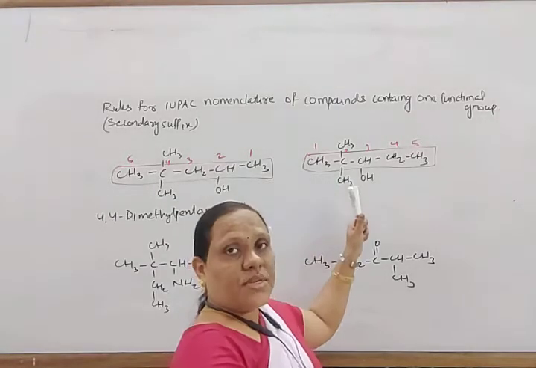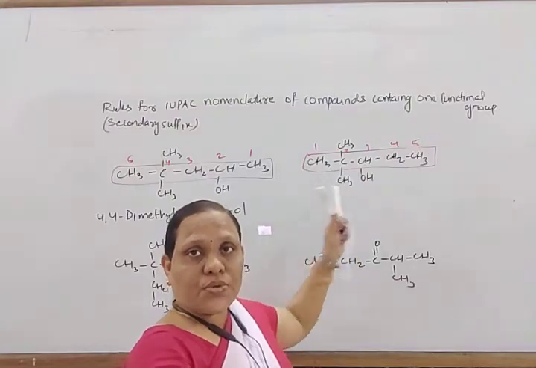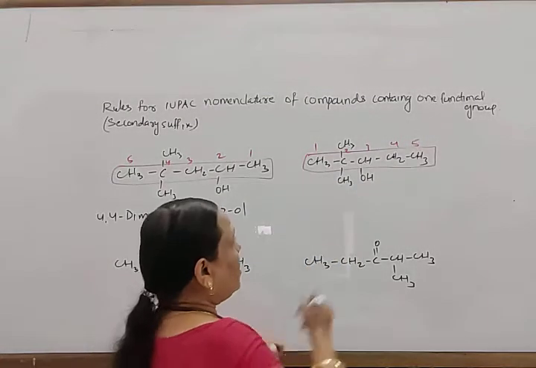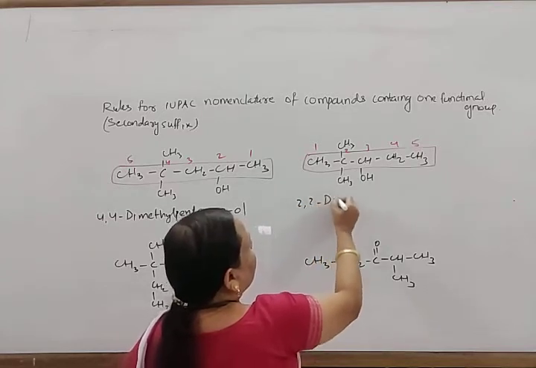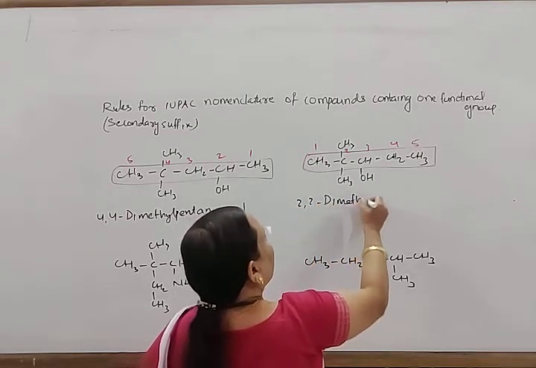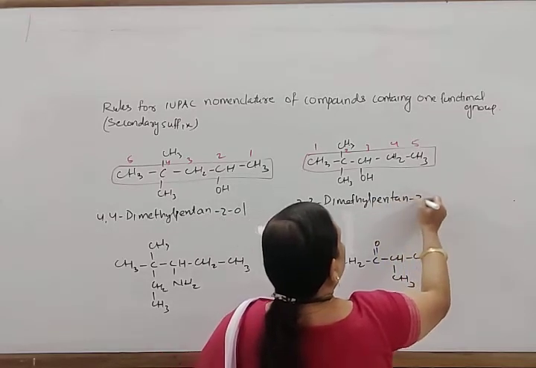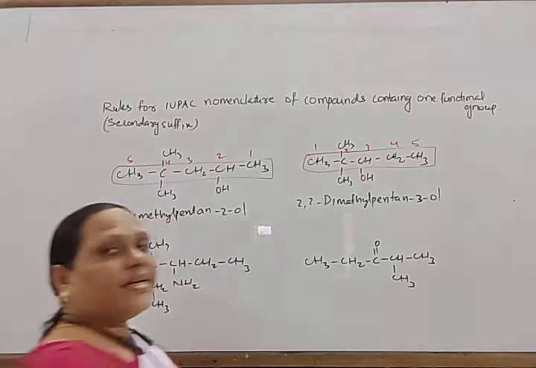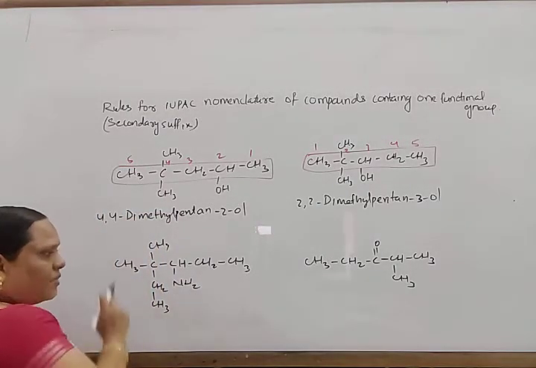But here the OH position is the same, so give more importance to the methyl group and the lowest position to the methyl group. So the name of this compound is 2,2-dimethylpentan-3-ol. Okay.